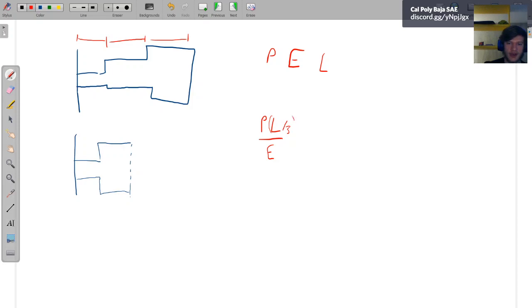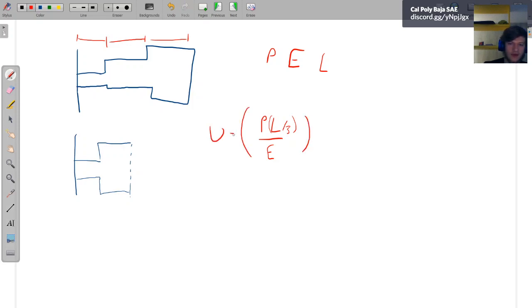Because each of our areas is different, sorry, this should be divided by area 1 plus area 2, and we'll call this some constant.